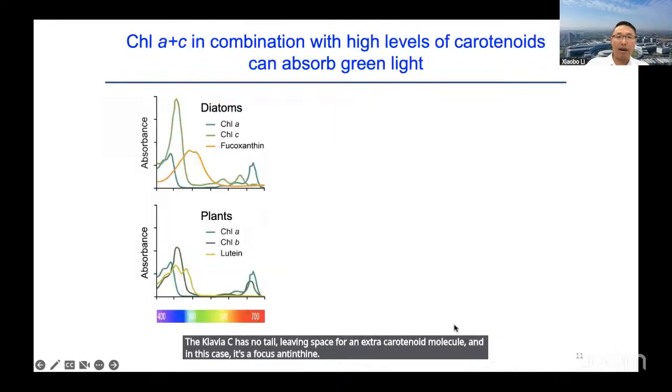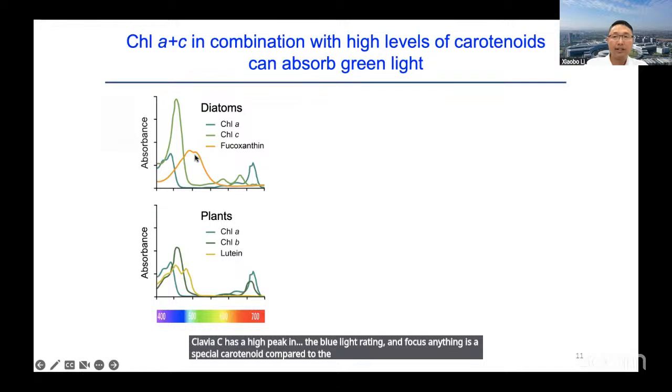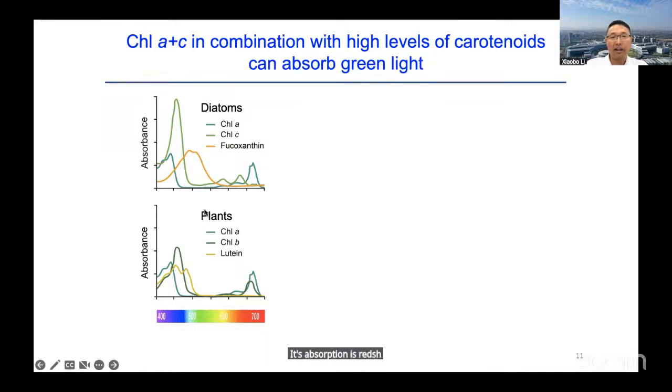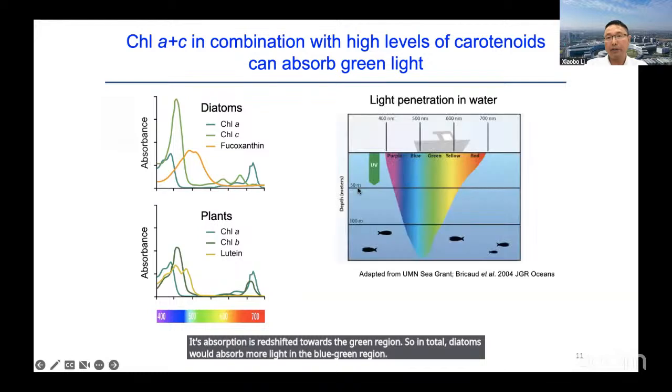So then if we compare the major pigments between diatoms and green plants, the chlorophyll C has a high peak in the blue light region, and fucoxanthin is a special carotenoid. Compared to the common ones in plants, its absorption is redshifted towards the green region. So in total, diatoms would absorb more light in the blue-green region, which penetrates the best in water.